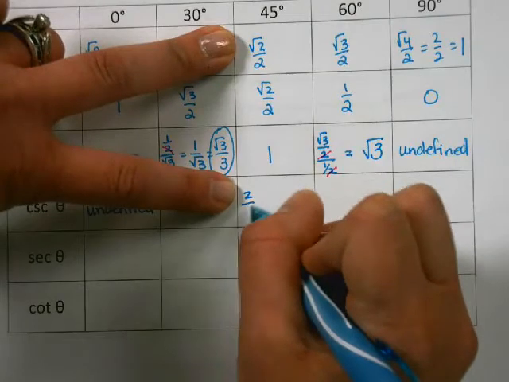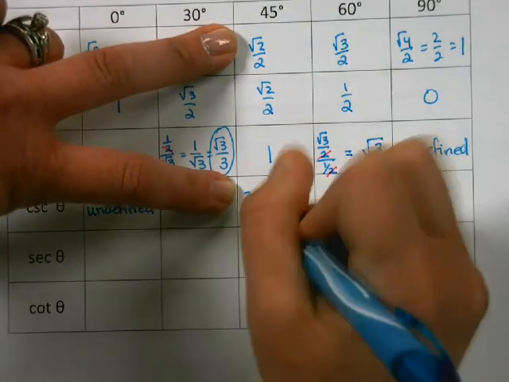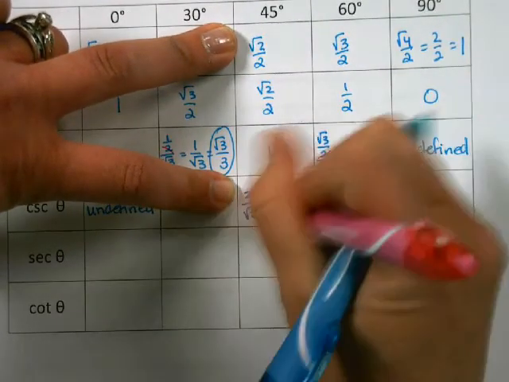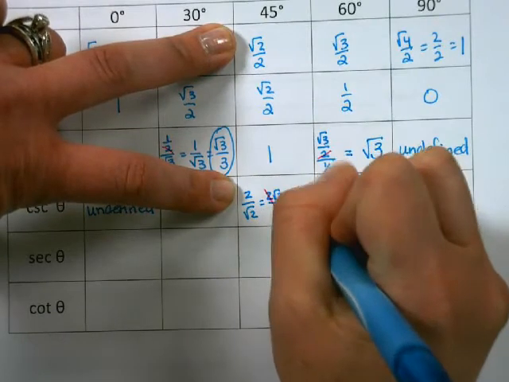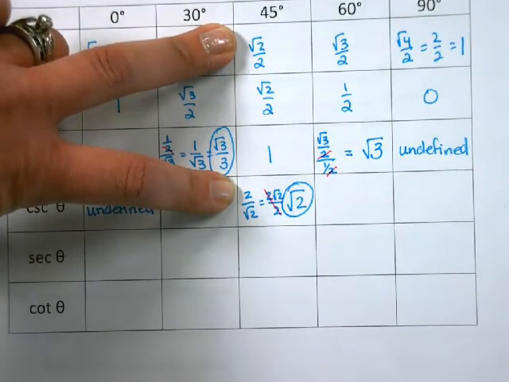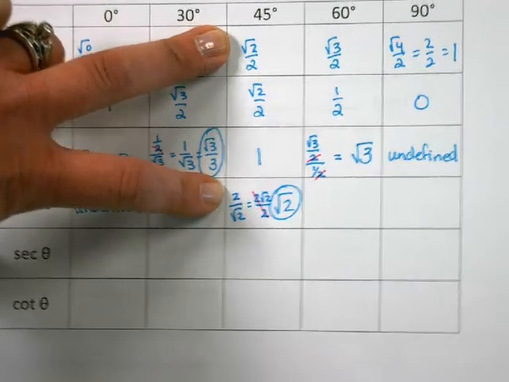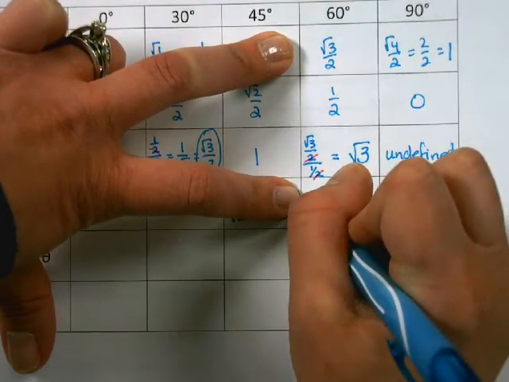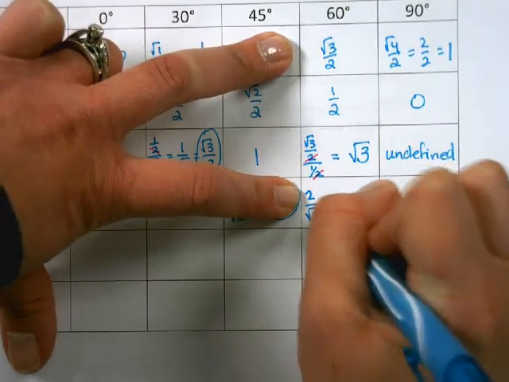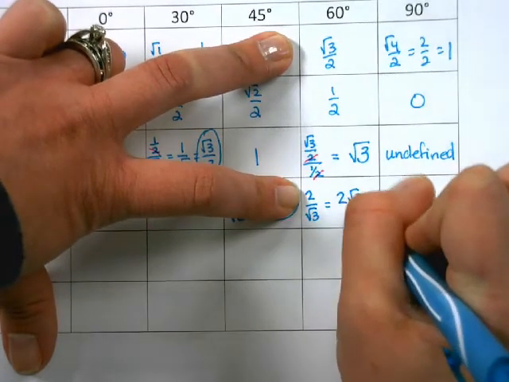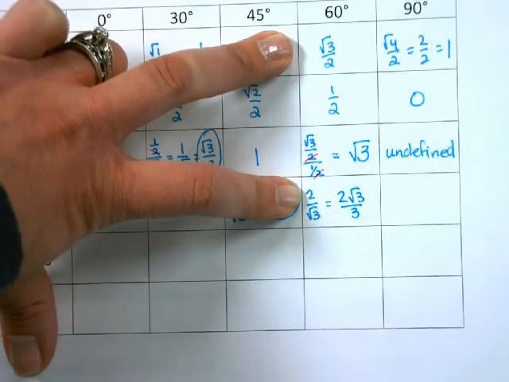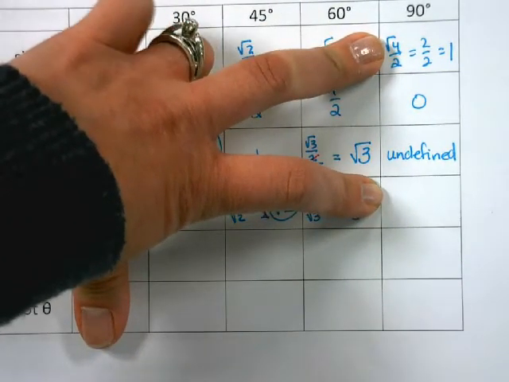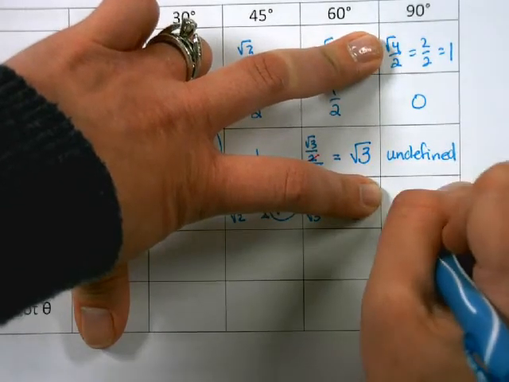Okay, so I'm just going to flip them over, right? And then I rationalize. So that would be 2 root 2 over 2, which then reduces to just root 2. Okay, flip over this guy, 2 over root 3, so if I rationalize, 2 root 3 over 3. And if I flip over 1, he's still 1.